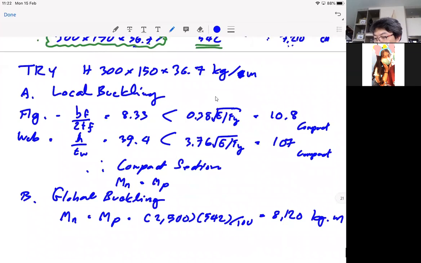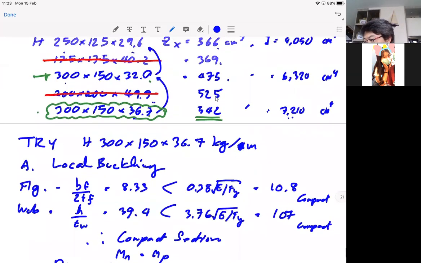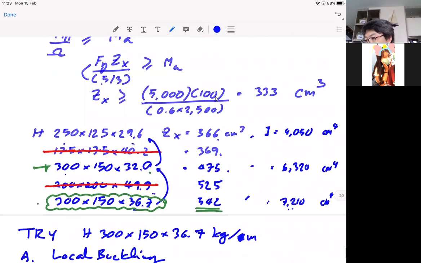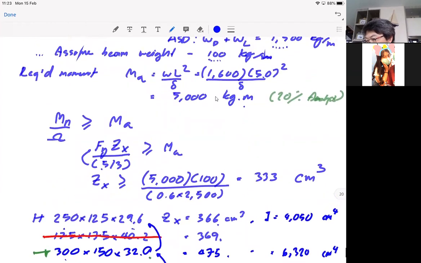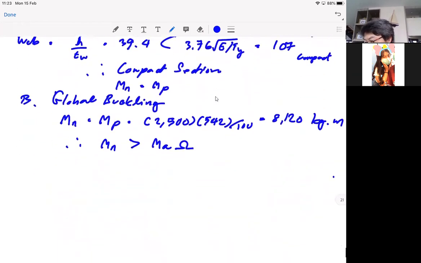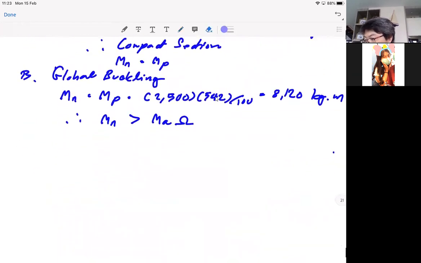So you can conclude that your nominal moment is greater than your Ma multiplied by a factor of safety, right? That's what we calculated before. But that's fine. Let's do it properly.